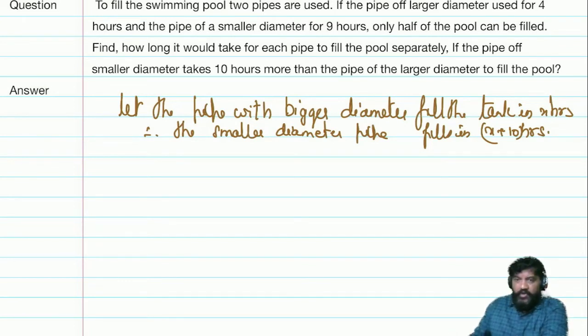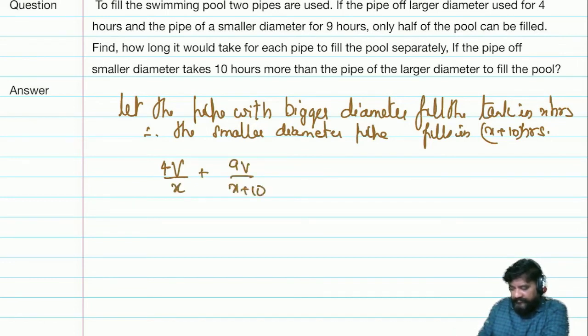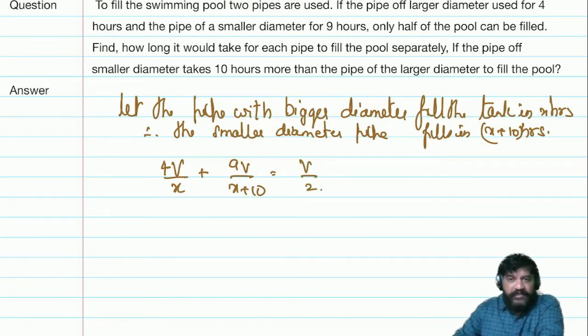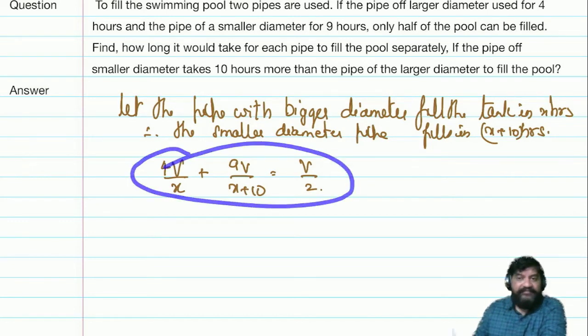What you can do here, you can write the equation directly, which is 4V by X plus 9V by X plus 10 is equal to V by 2. If you look at the solutions from different textbooks, they do exactly the same. They probably will be adding two more statements, but when it comes to the equation part, they directly write the equation. There's no explanations given about the question itself.